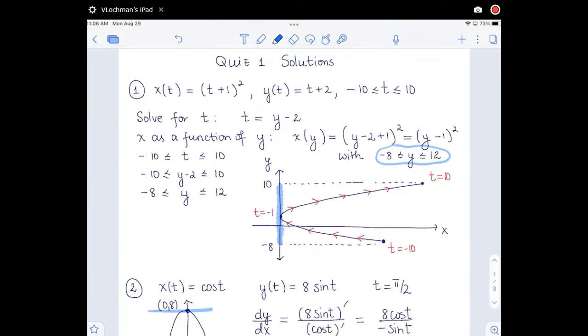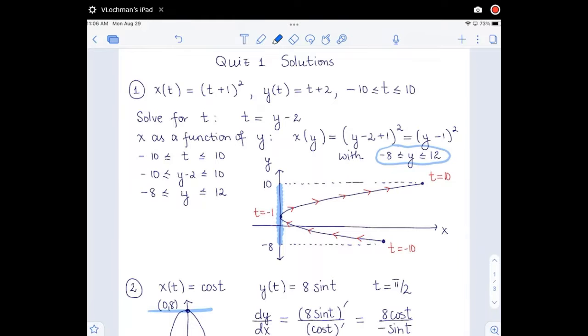We want to emphasize that we don't get a full parabola, not an infinite graph, but a finite length curve. That's the only common step I saw missed.